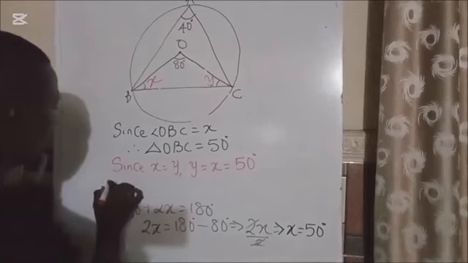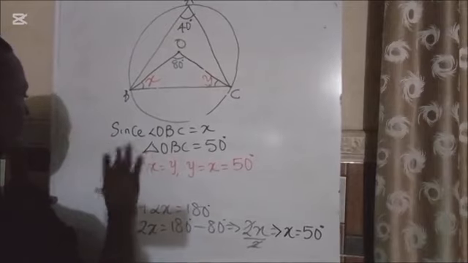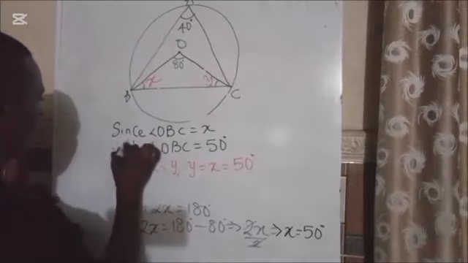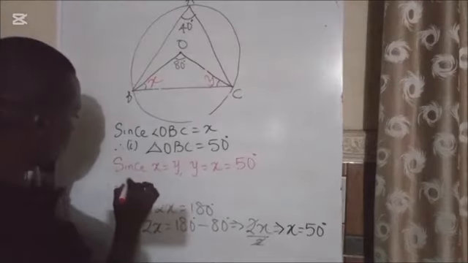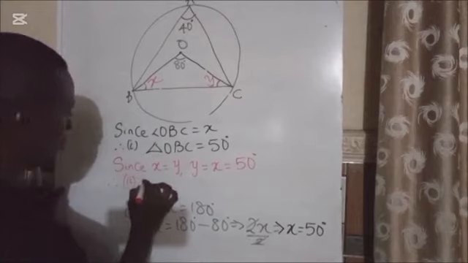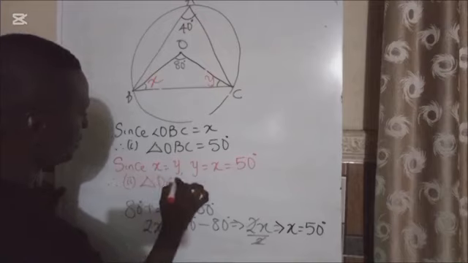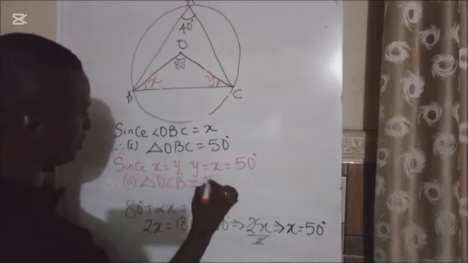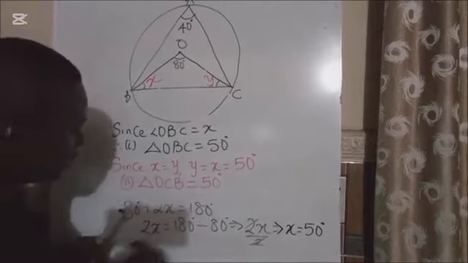Therefore, we can say that this is our number 1, and number 2, that's triangle OCB, is also equal to 50 degree.